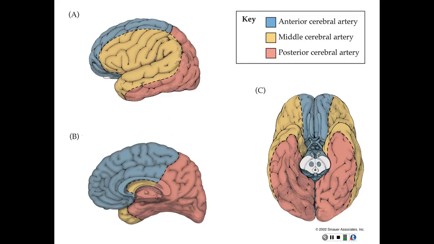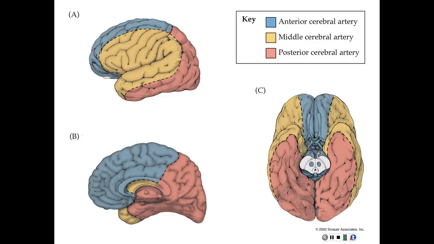So, we know that stroke is a major disease state in our society. And so it absolutely is imperative that you have a basic knowledge of these vascular territories of the brain. We did a few this morning about the brain stem, and now we need to do a few with regard to the cerebral hemispheres.